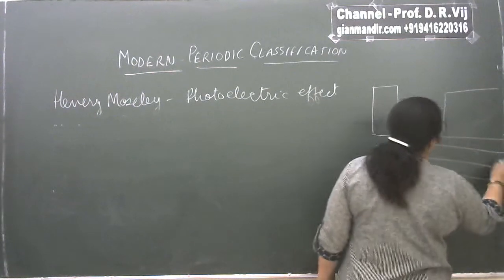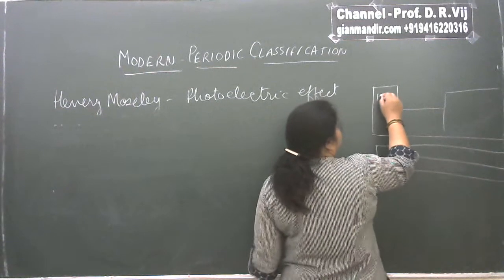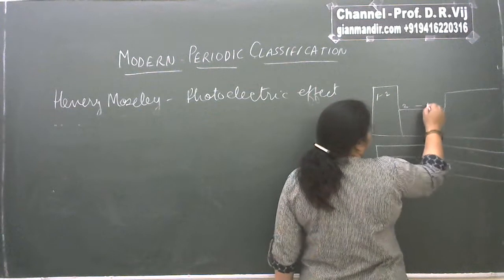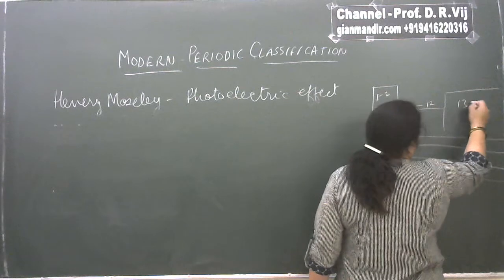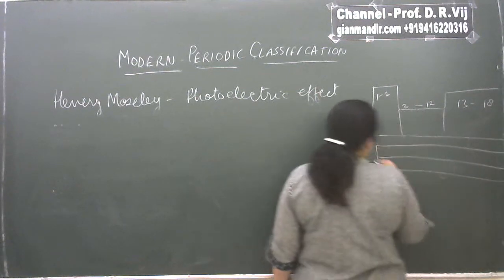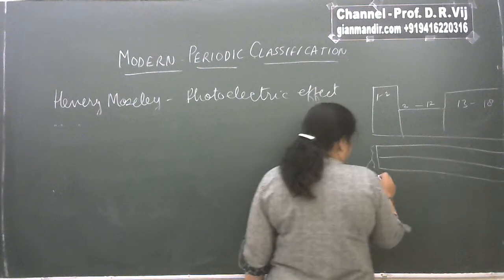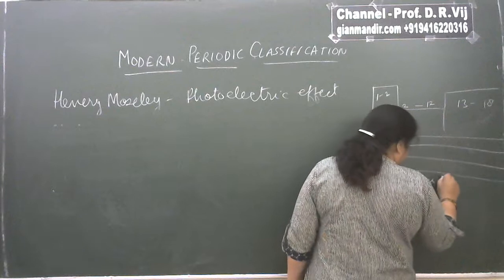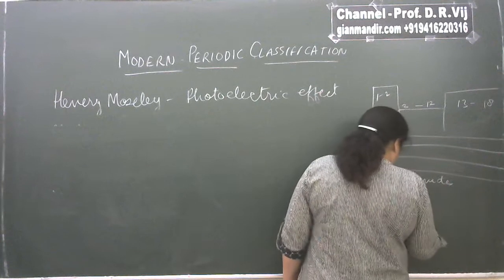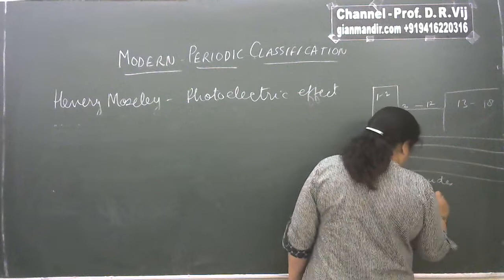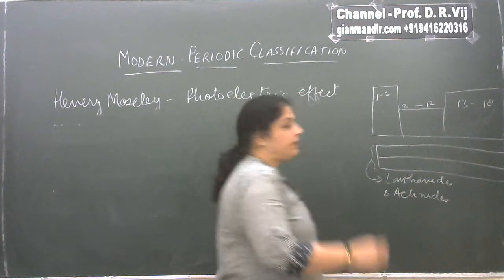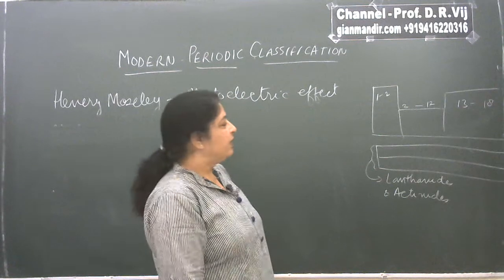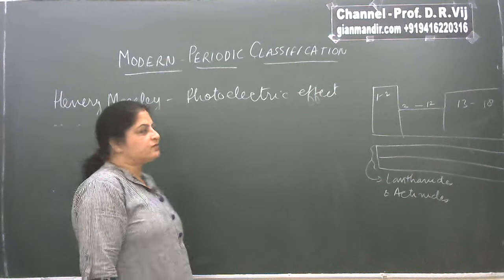Here, at the extreme left we have two groups, 1 and 2, then groups 3 to 12, and then groups 13 to 18, and at the bottom there are two series known as lanthanides and actinides. In this periodic table there are 18 vertical columns, known as groups, and 7 horizontal rows known as periods.